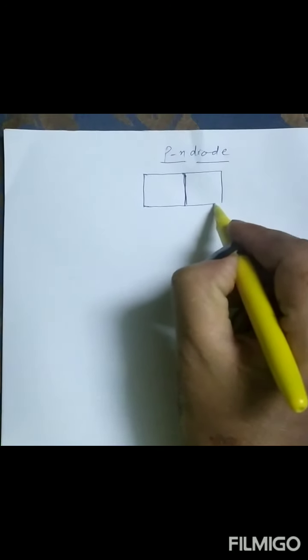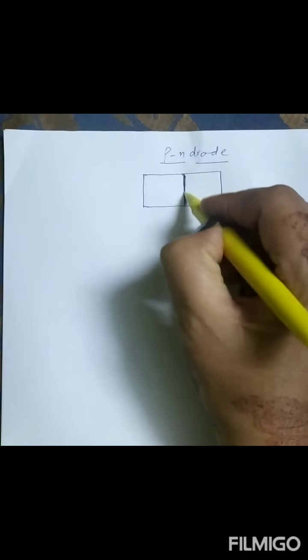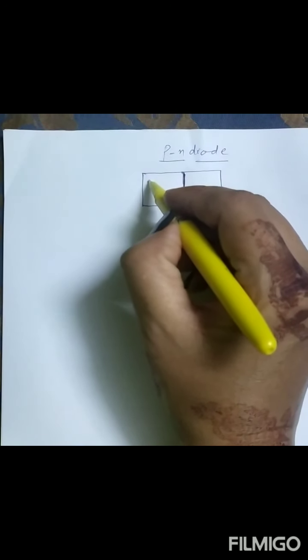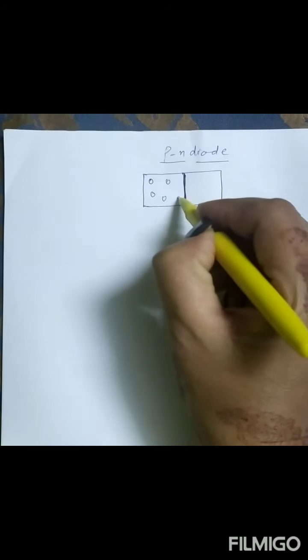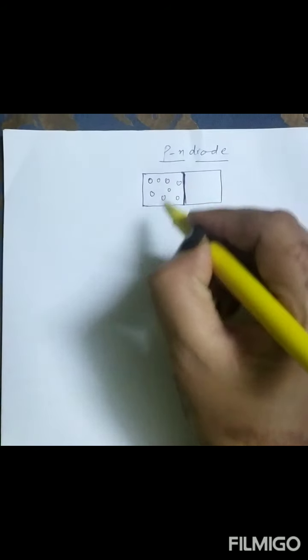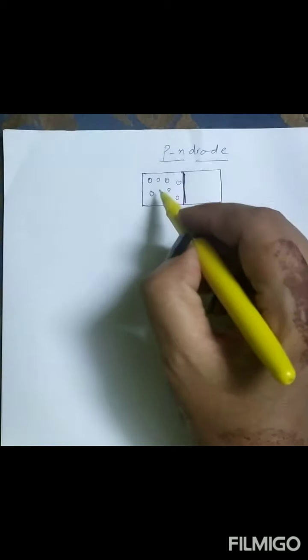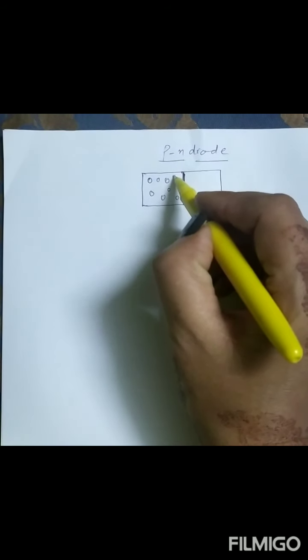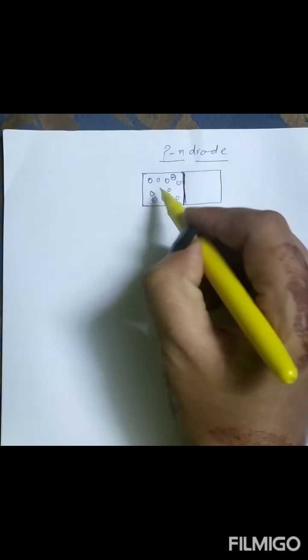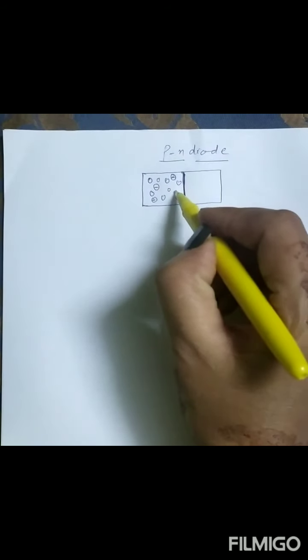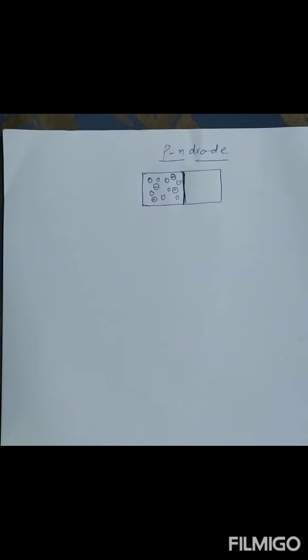Suppose you are taking a P-type semiconductor here. Now in a P-type semiconductor, what all is present? The majority charge carriers are holes. So holes are present, and I am drawing a number of holes here. Along with holes, there are negative ions also. Like you add an impurity atom, for example aluminium, so negative ions are also present.